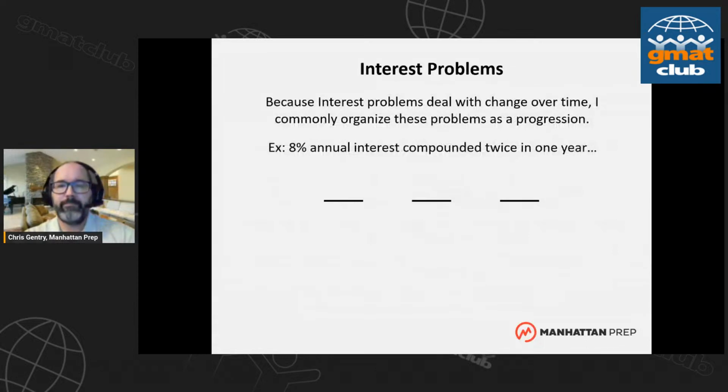So, talking about pen to paper work here. Because interest problems deal with change over time, I like to do a progression. 8% annual interest compounded twice in 1 year. So my first question, and I would like to see responses in the chat.